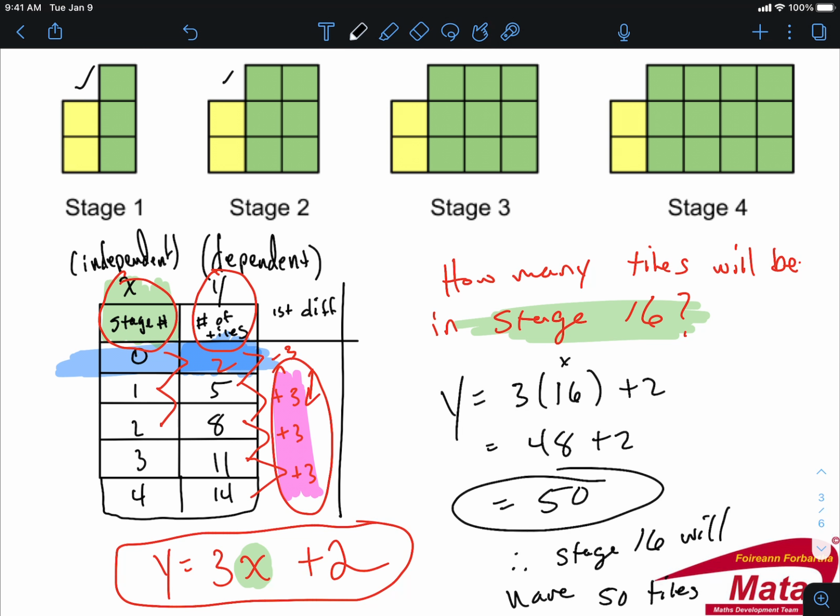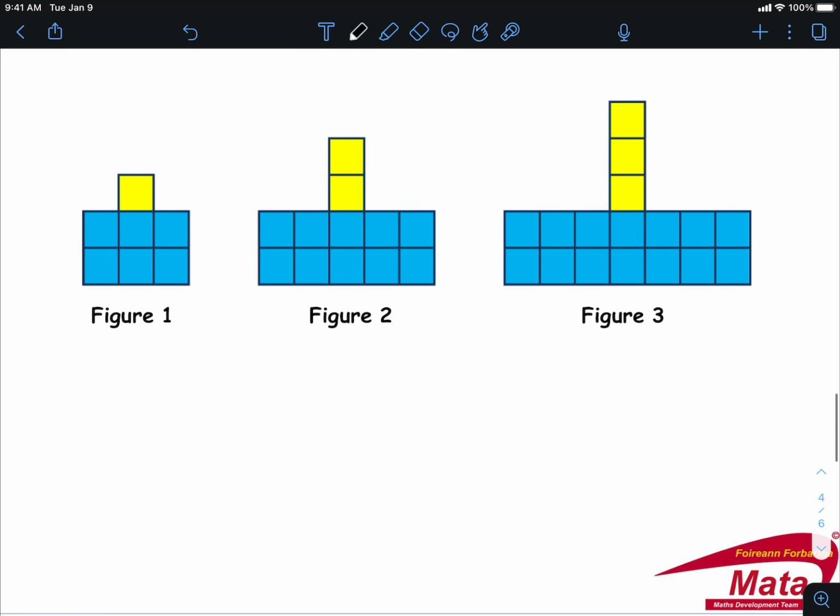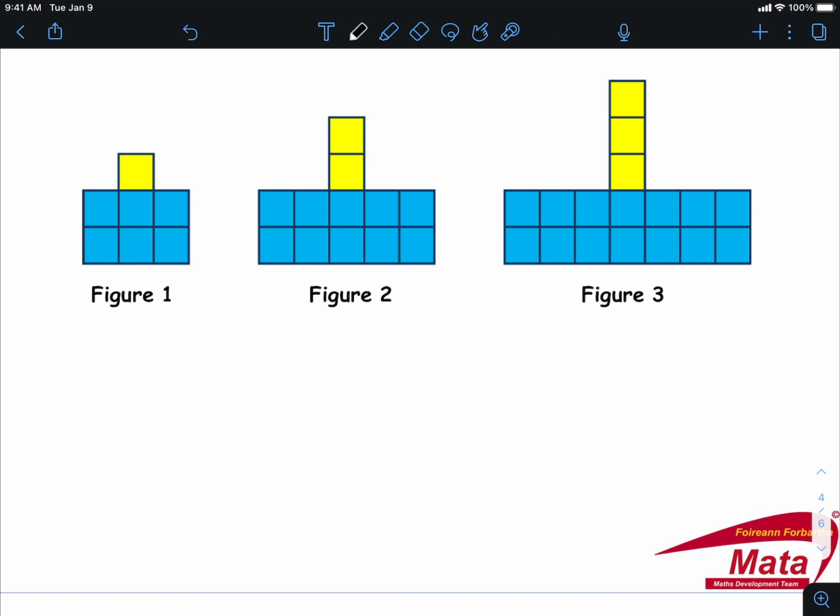Okay, so I'm going to flip through the Jamboards now. I'm going to put this one up. And what I want you guys to do is have a go at this. Figure 1, 2, 3, input, output, stage number, and how many tiles.